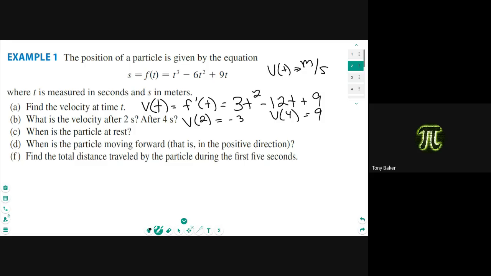All right. So we had a theorem that we had talked about. What is something that happens between 2 seconds and 4 seconds? Okay, the velocity increases. What else happens between 2 seconds and 4 seconds?